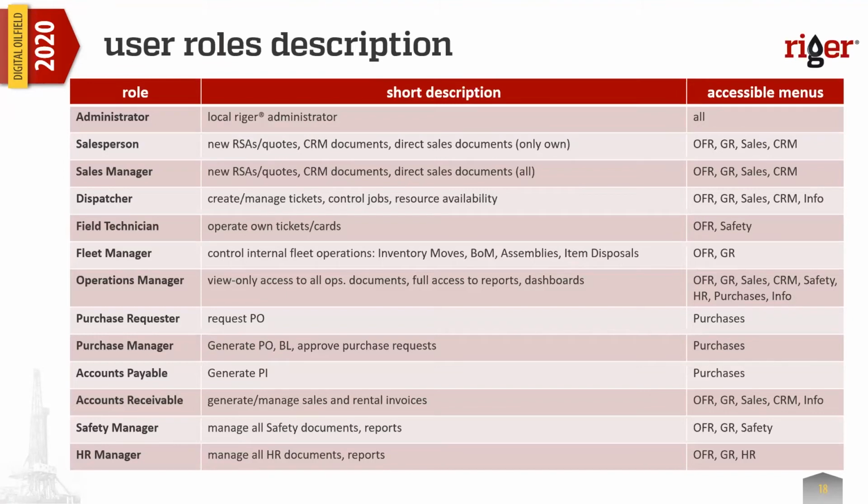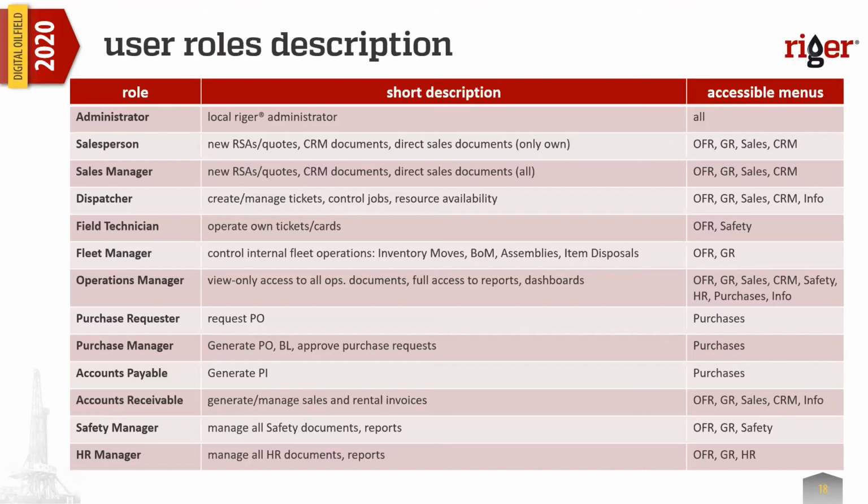Next would be the operations roles, which are 4 roles: dispatcher, field tech, fleet manager, and operations manager. Now, I'm not going to be talking about all the details of these roles because that information is extensive and we can talk about it all day. But the main distinguishing factor is that the dispatcher would be the main actor in the operations roles.